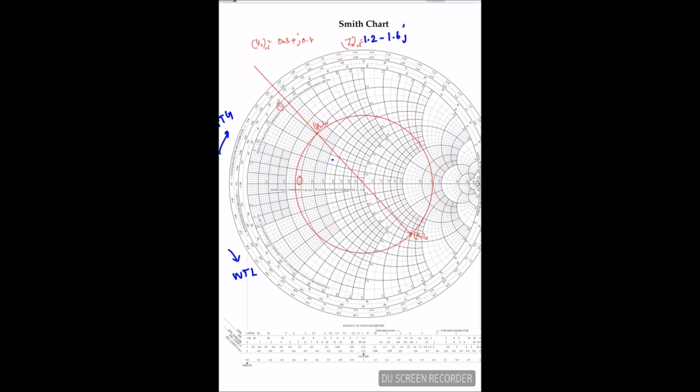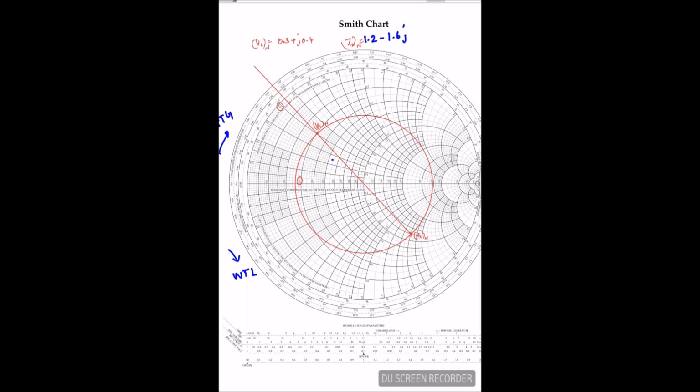Now in the given problem, I have to find the matching. Whatever point in the Smith chart, the impedance is normalized, and the matching is nothing but bringing this point to the center. The center point in the Smith chart is the properly matched condition.